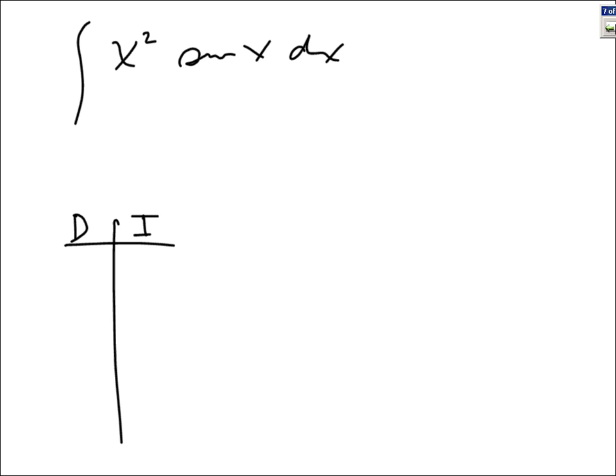So you're going to take the derivative of that and the integral of this, or vice versa. You're going to keep taking the derivative of this and integrate that. But you want the derivative eventually to go to 0.